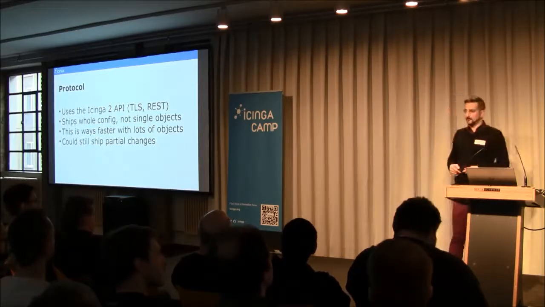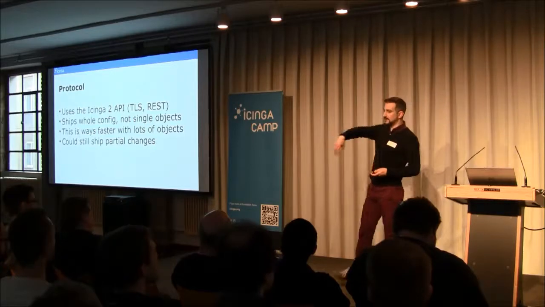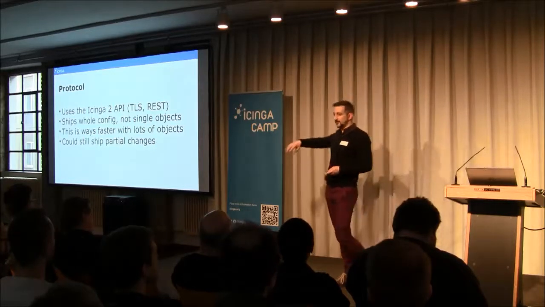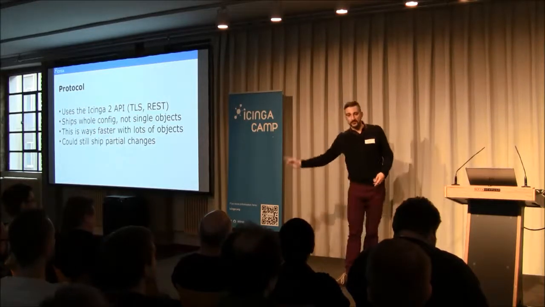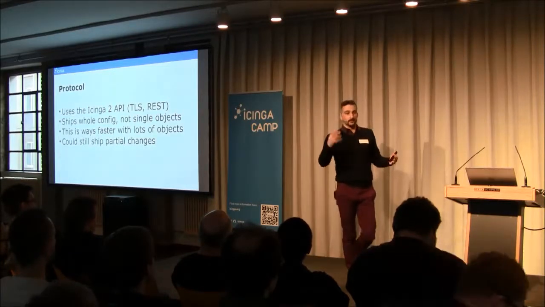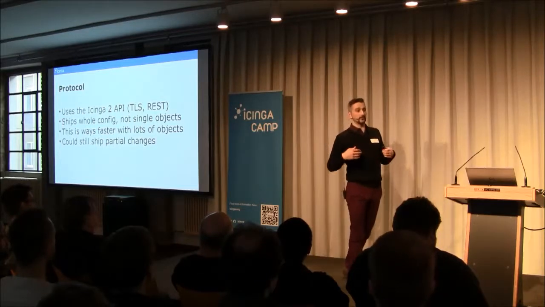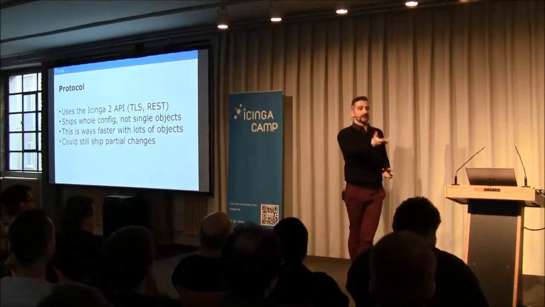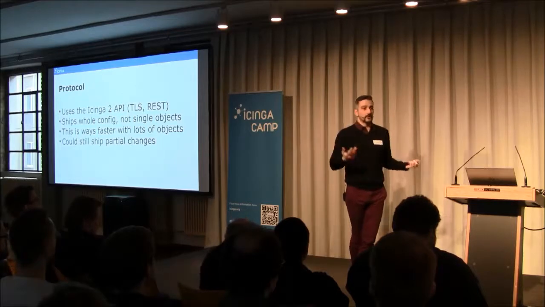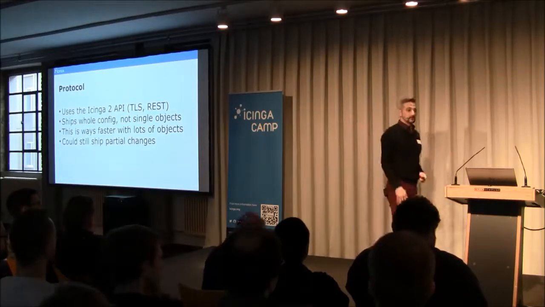And what Icinga does internally is it creates a stage directory, validates that configuration. If that configuration is fine, it switches the active stage and reloads internally. Otherwise, it keeps its configuration and puts the startup log and the exit code in that directory. So what the director is doing is fetching the startup log and exit code and writing this to its database so you can keep this forever.